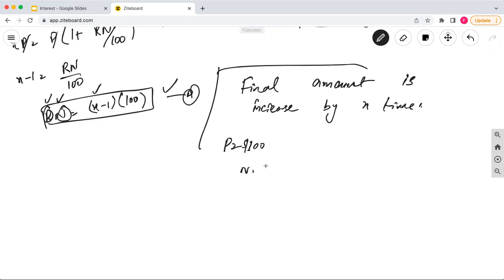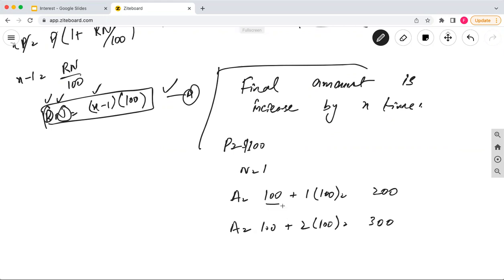So after 1 year, what will be the final value? Principal amount plus 1 time increase, 1 into 100, so that will be 200. If I say that after 1 year my value increases by 2 times, in that scenario this will be 100 plus 2 into 100, which is 300, right?